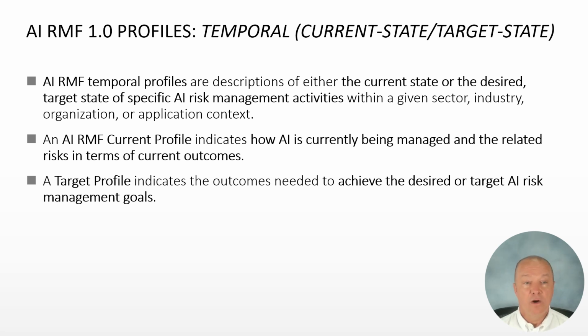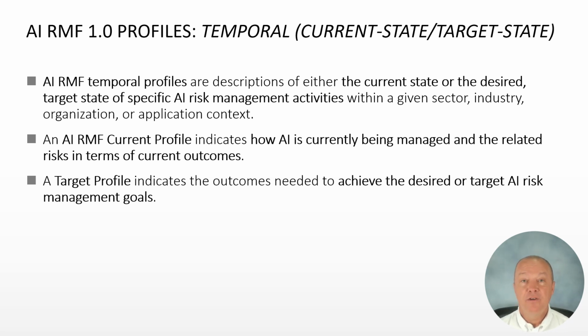An AI RMF current profile indicates how AI is currently being managed and the related risk in terms of current outcomes. A target profile indicates the outcomes needed to achieve the desired or target AI risk management goals.